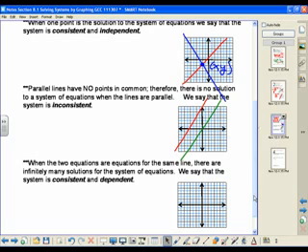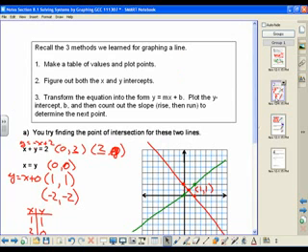That first column means it was consistent and independent.